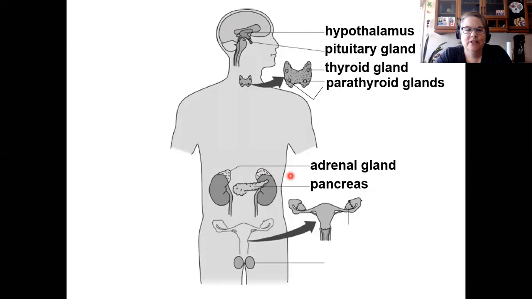No one's willing to take a shot at it? There we go. Yes, there's both of them. Larkin, insulin. Keenan said glucagon. Yes, yes, and yes. Those are the two hormones that are produced by the pancreas, and they work as a team. They work to control our blood sugar level. So if our blood sugar gets to be too high, insulin kicks in to bring it down. If our blood sugar gets to be too low, glucagon kicks in to bring it back up again. Okay.